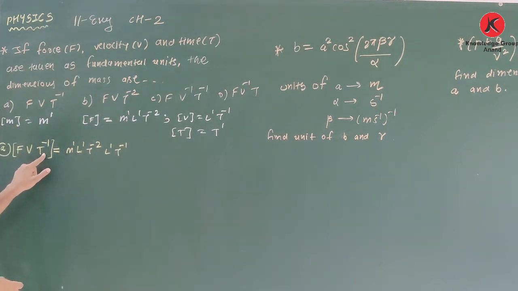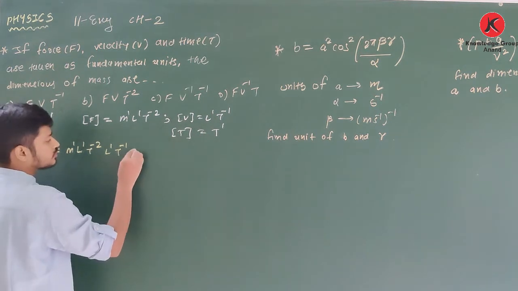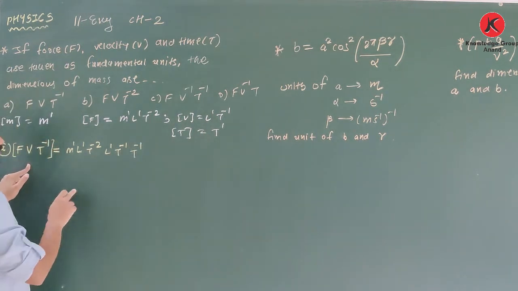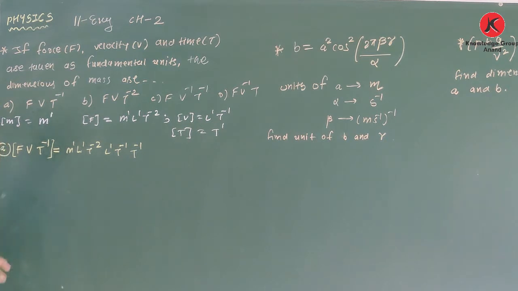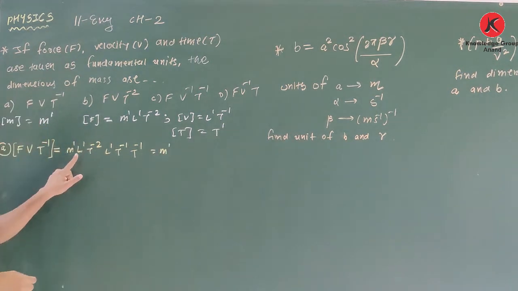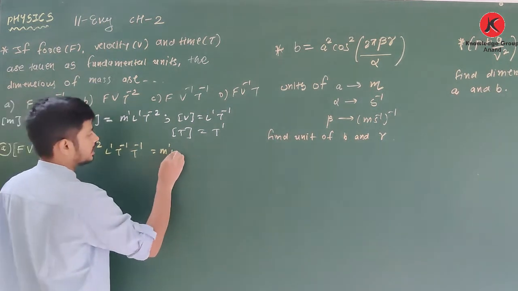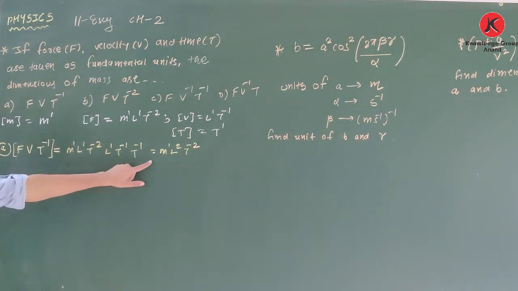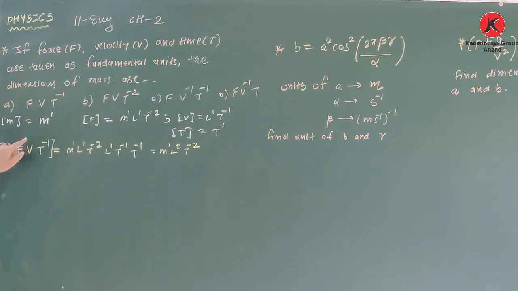And for T it is T1, so for T minus 1 it is T minus 1. Clear about this? So see what happens here. It is M1, only one term. L1 times L1 means it is L2. And here it is T minus 2. Is this answer equal to M1? No, option A is wrong.